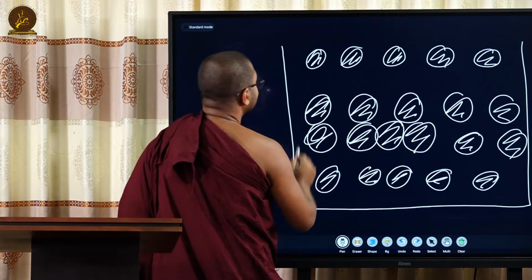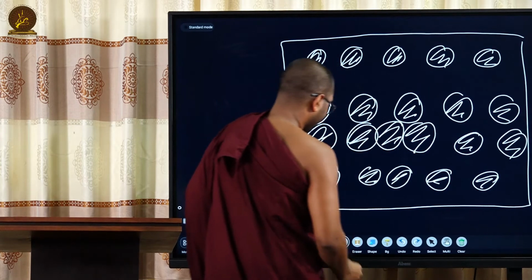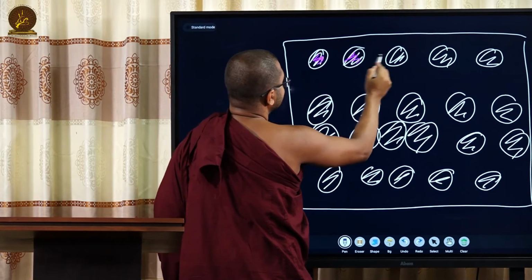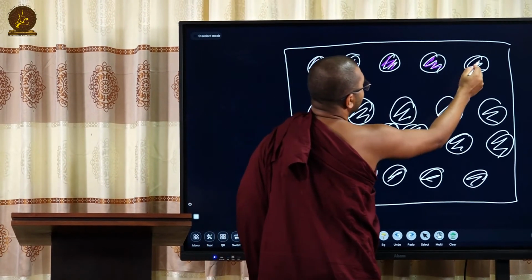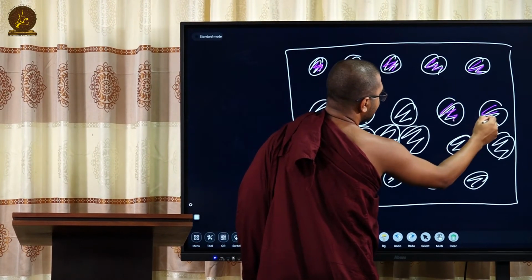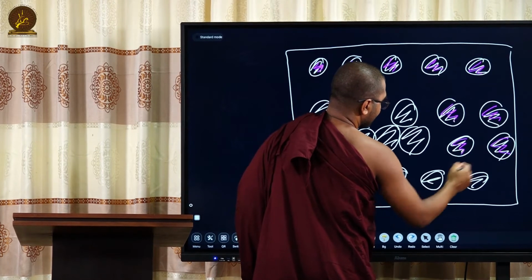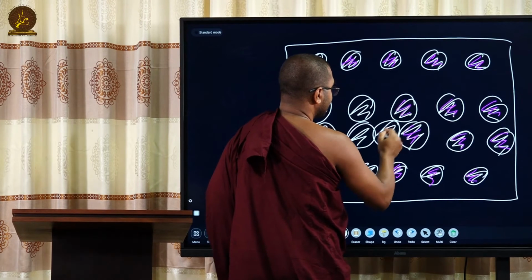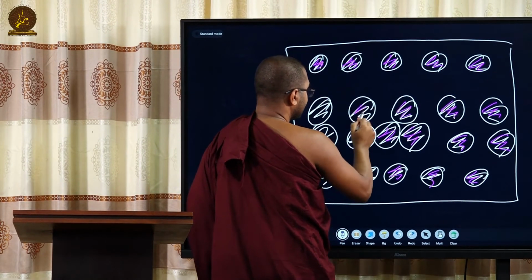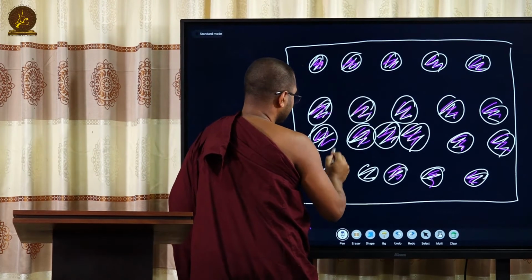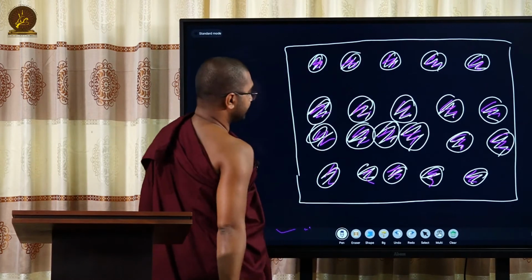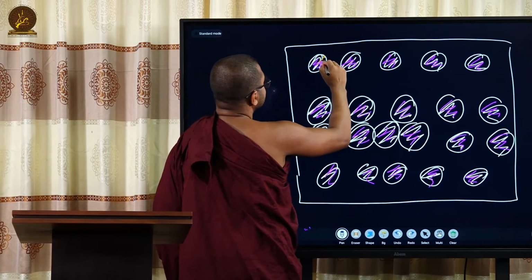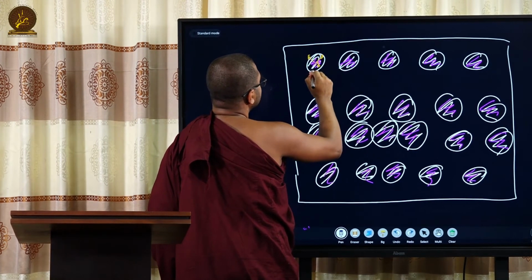This is Rupa Sarira. Within this Sarira, each Kalapa contains Tejo. At the same time, each Kalapa has Vayu within it, which pushes it outwards.